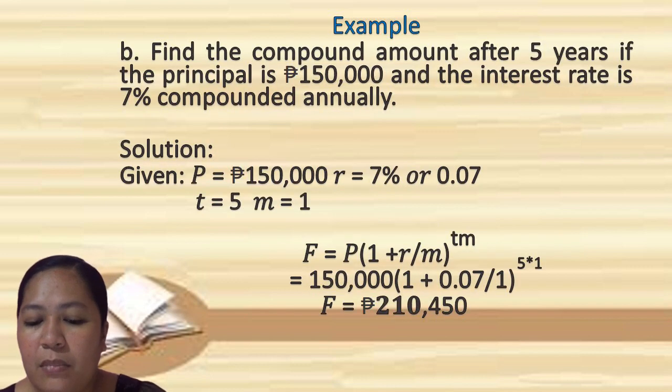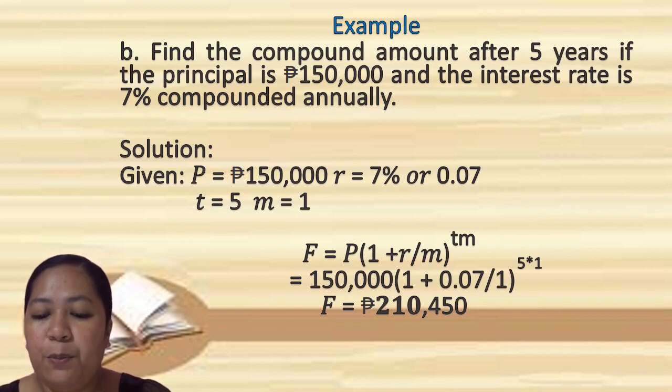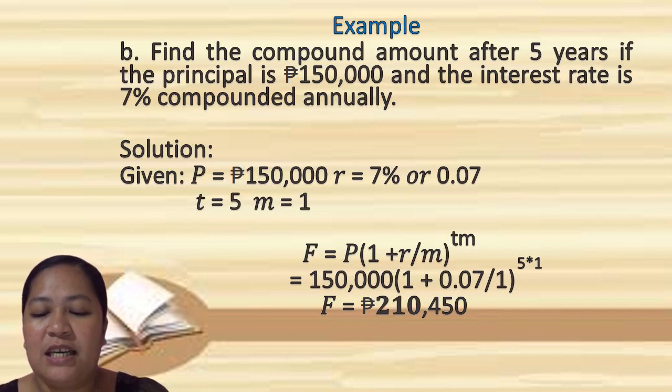Okay? So, another example here. Find the compound amount after 5 years if the principal is 150,000 and the interest rate is 7% compounded annually. Since it is annual, it is not difficult. Annual is 1.